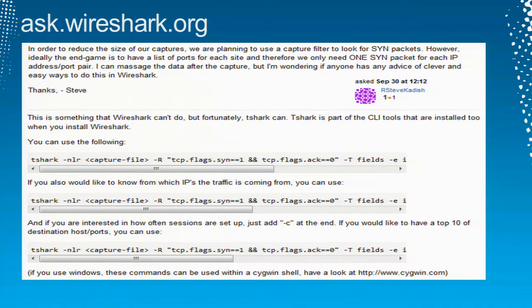If you go out to ask.wireshark.org and just do a search for Cygwin, you will see all these different options. What you can do is run TShark command line, and then you can sort the results, or you can search the results. That capability is not in TShark. You can't do that. But running in a Cygwin shell, you can. You can add all this functionality to TShark.